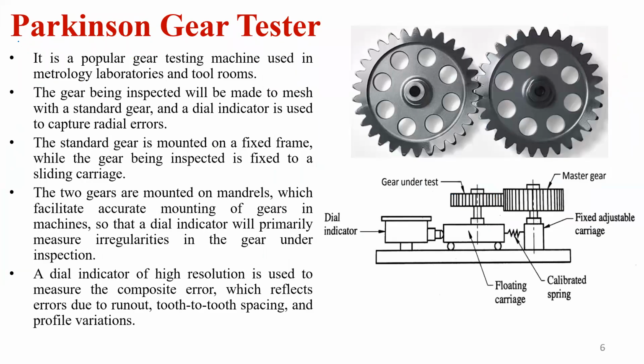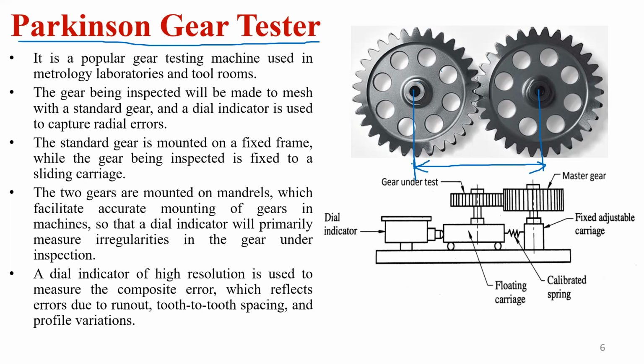Next, coming to the Parkinson gear tester. This Parkinson gear tester can be used for measuring the variation in the center distance of the two gears, to measure the variation in the center distance between the two gears.